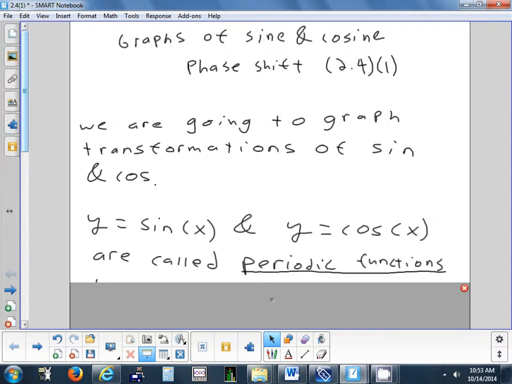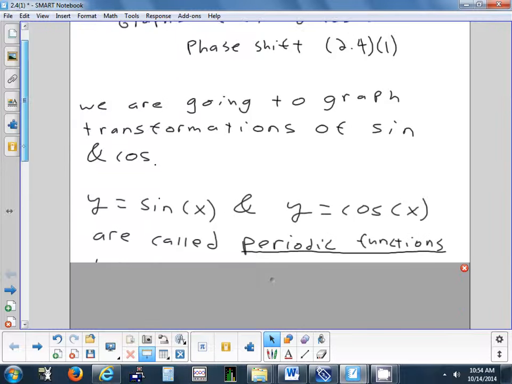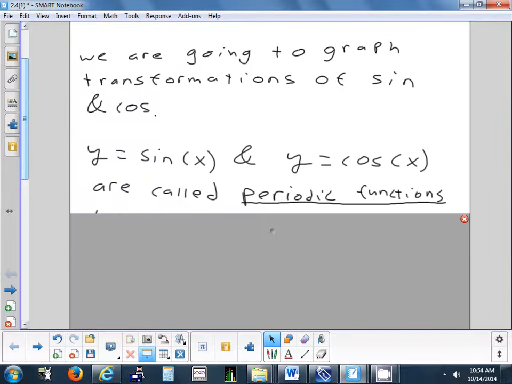And the first thing to recognize about these two functions is they are not linear. Okay, when we draw them, they're what we call a periodic function. And periodic functions have repetition in them. Okay, we start to get values that repeat themselves over and over.